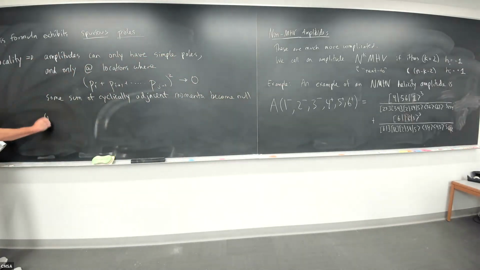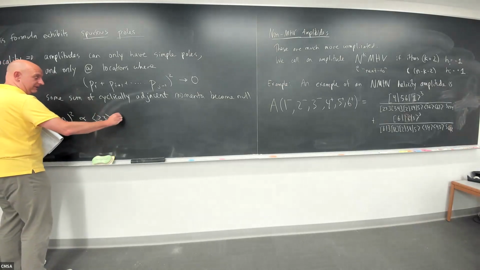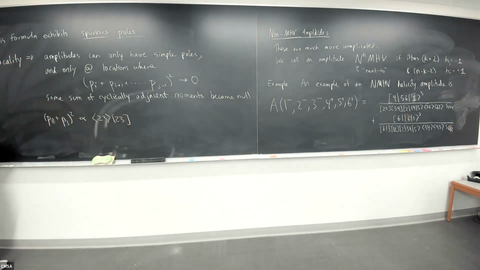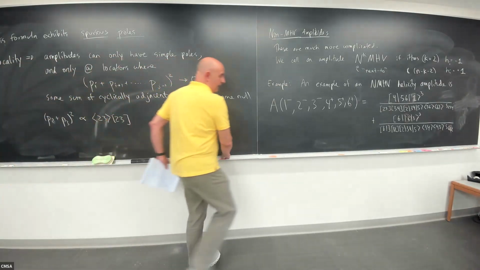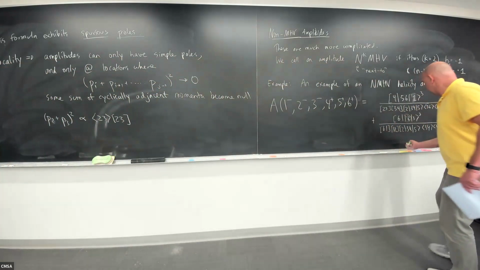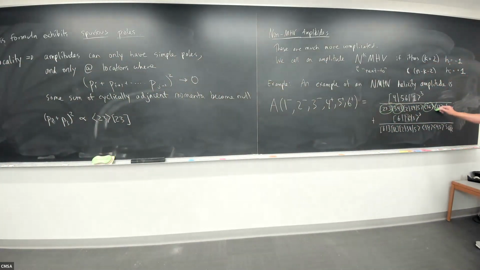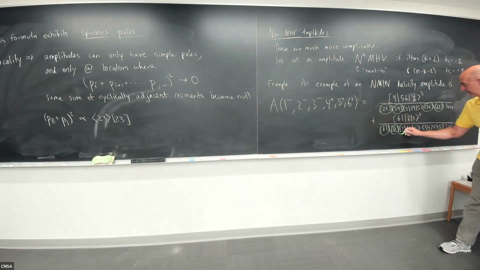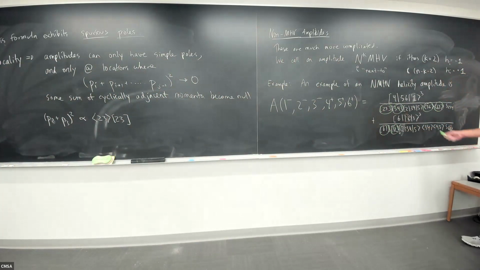For example, P2 plus P3 squared is proportional to, there's a factor of 2 or minus 2 depending on conventions, this product, 2, 3, 2, 3. So these kinds of things are all allowed poles. Anything you have, and 6 and 1 are adjacent because everything is cyclic. These are perfectly allowed by locality.